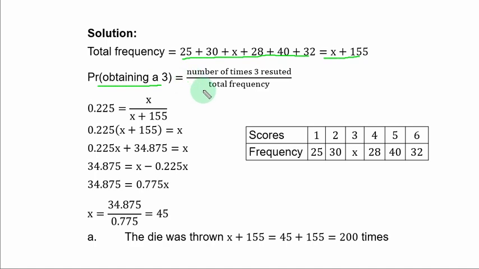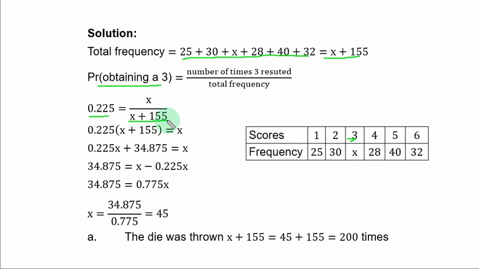That is total frequency. So you have 0.225 equal to number of times 3 appear. Frequency of 3 is S. So you have S all over sum of frequencies, S plus 155.